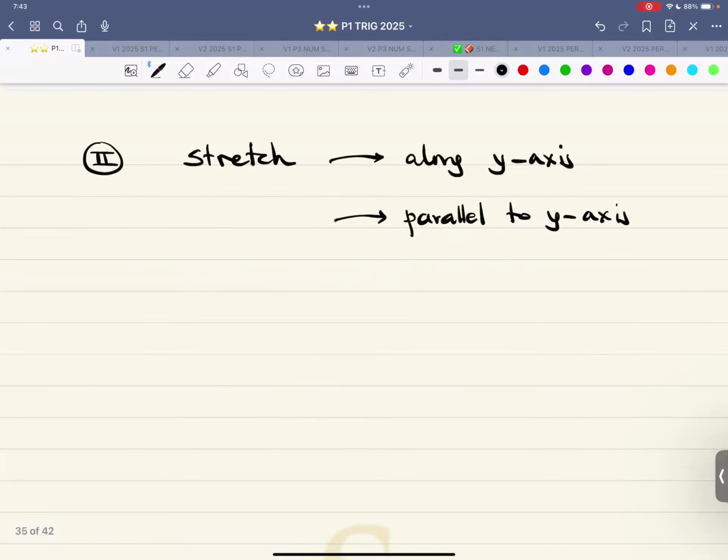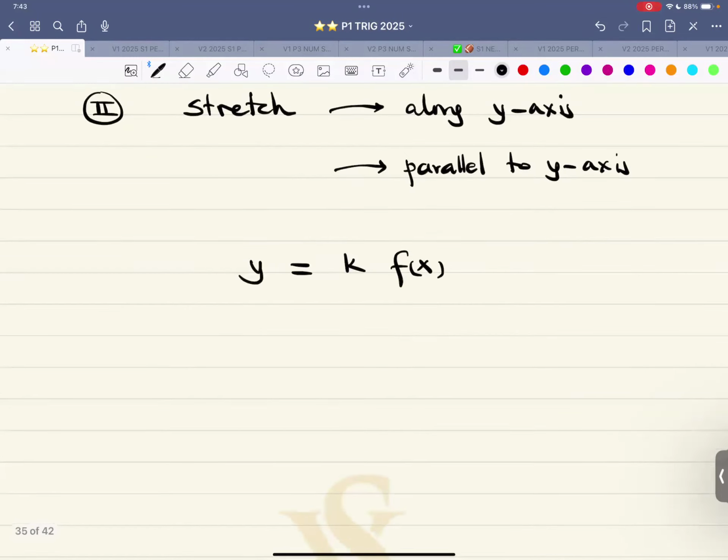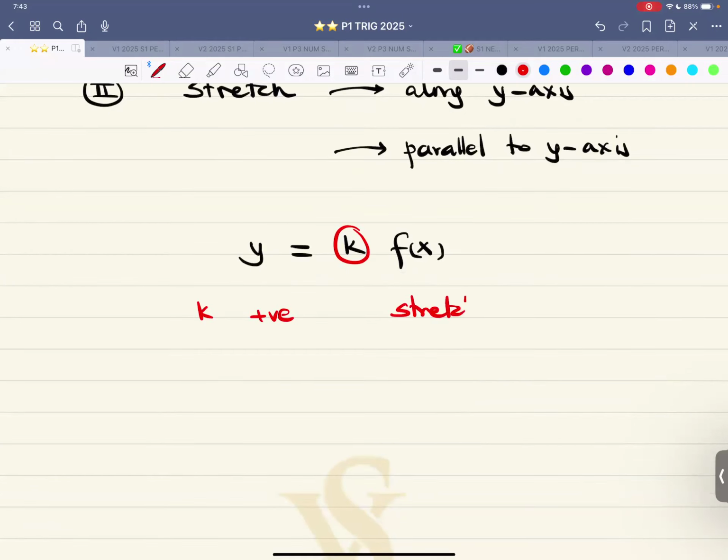This is of the form y is equals to k sine x, or y is equals to k f(x). f(x) could be sine, cos, or tangent. So this k over here, we are taking k to be positive, and this is called the stretch factor, and the graph is transformed by this factor.